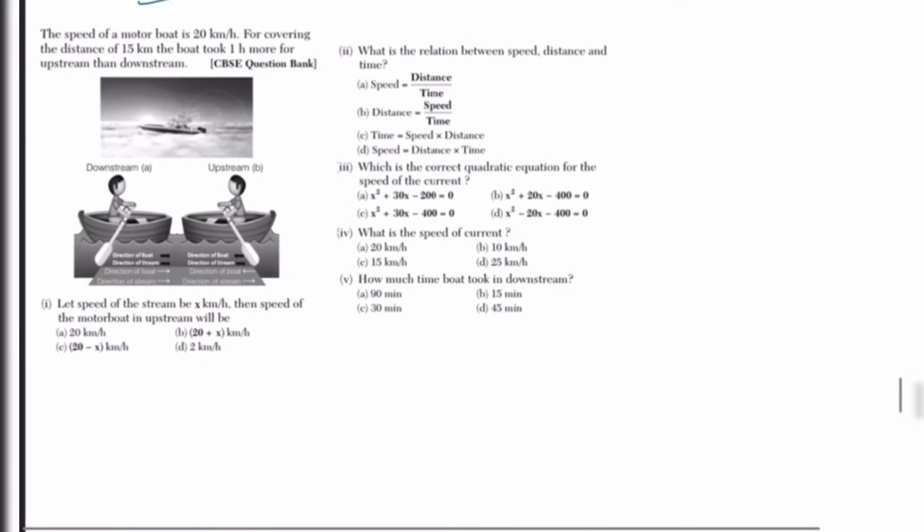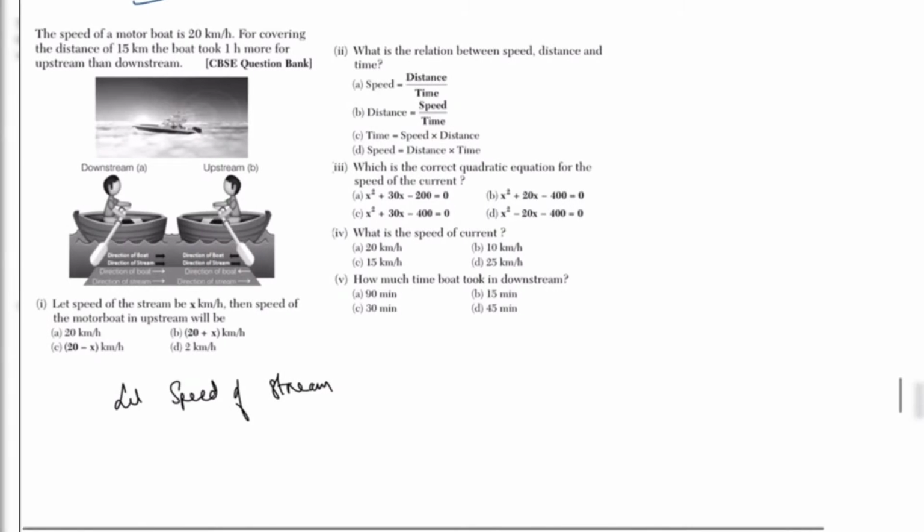This also is a part of the official question bank. So let's go for it. Okay. Speed is 20 kilometers per hour. For covering a distance of 15 kilometers, the boat takes 1 hour more for upstream than downstream. Okay. So in these cases, as we know commonly, speed of stream, we will assume that speed of stream is x.